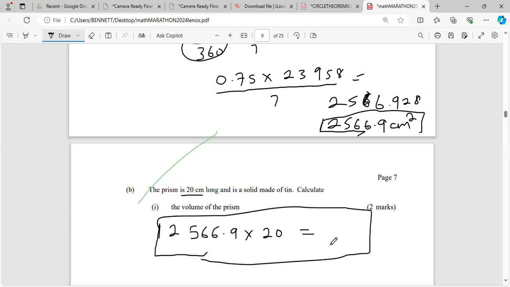Let me just times this by 20 and then you guys can get it. So your volume will be 51,338. And volume is in cubic centimeters, right? That will be the volume.